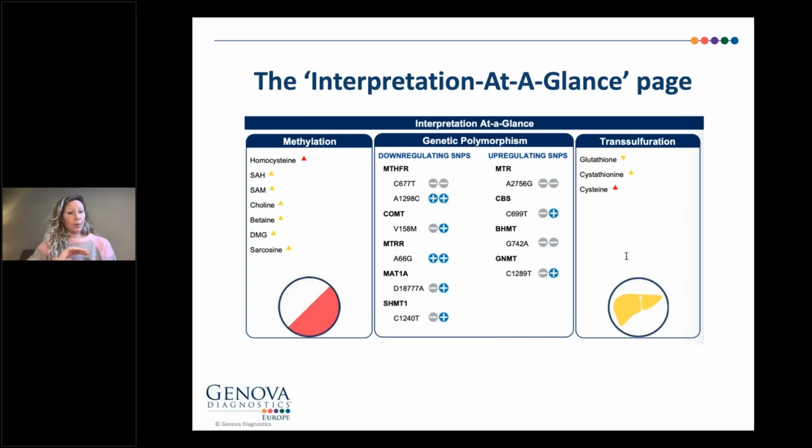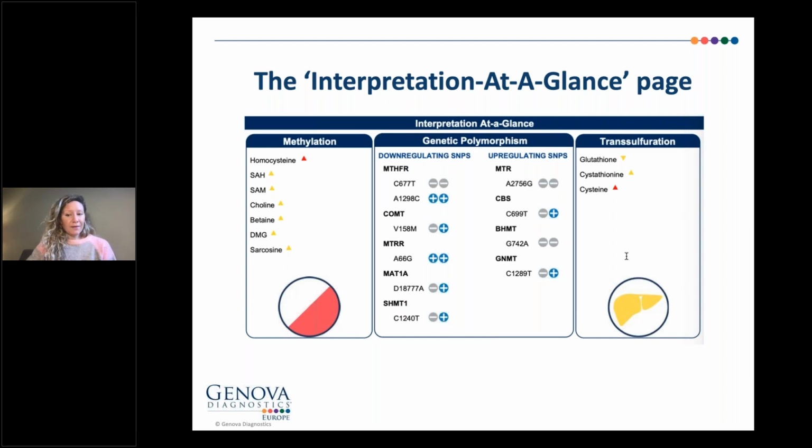The reason why we specifically just highlight the abnormal biomarkers here is related to an algorithm which provides a suspected degree of clinical impact. That's referenced by the color coding system to indicate the severity of abnormality of the biomarkers. This algorithm takes into consideration two factors, one of which is just how far out of reference range the biomarker is, and the other factor is the clinical importance of that biomarker.